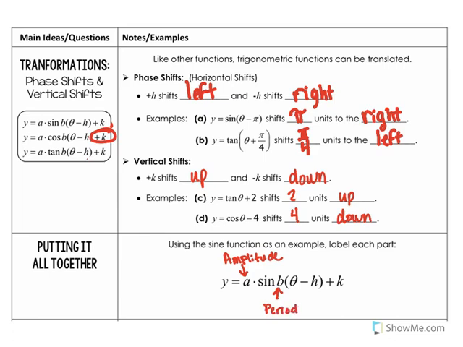And we know that period with sine and cosine is 2 pi over the absolute value of b. Then we know that h is going to be our phase shift. And we know that k is going to be our vertical shift. It's super important that you have this written down, because this is what you're going to do for all of these from here on out.